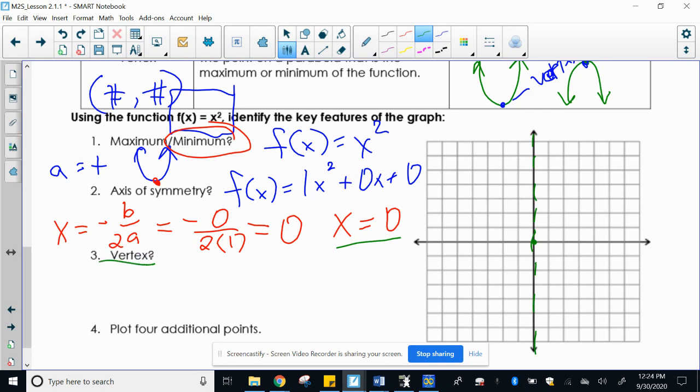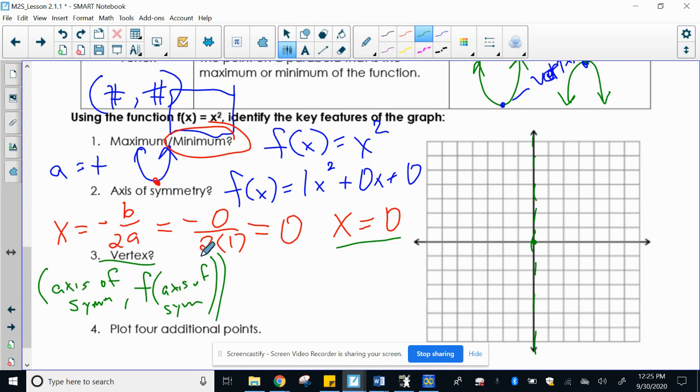The vertex. So the vertex is always going to be our axis of symmetry as our x, comma, f of our axis of symmetry. We just said our axis of symmetry was at x equals 0.